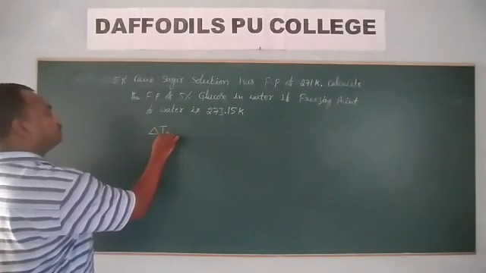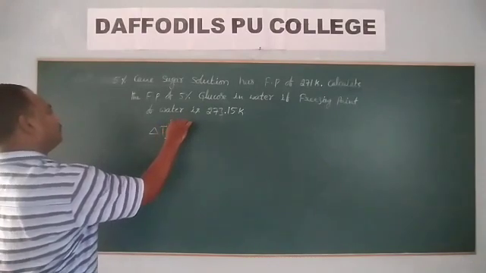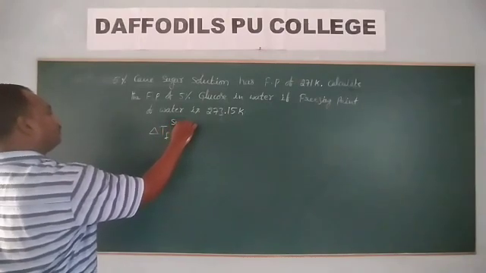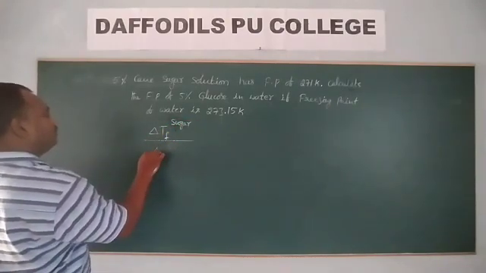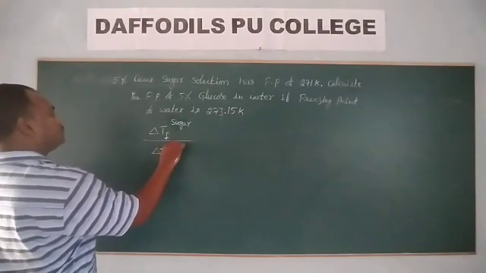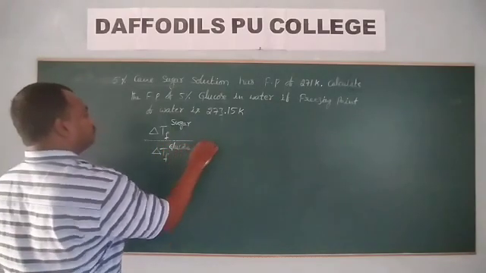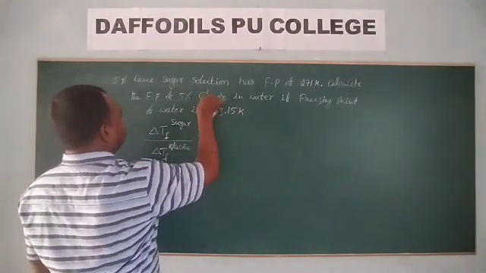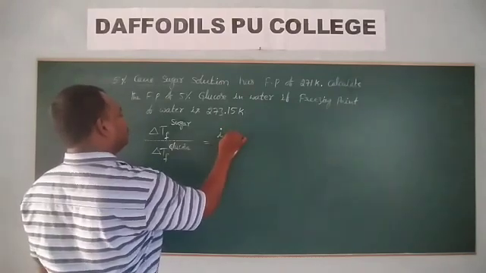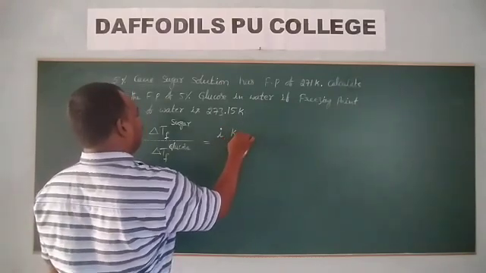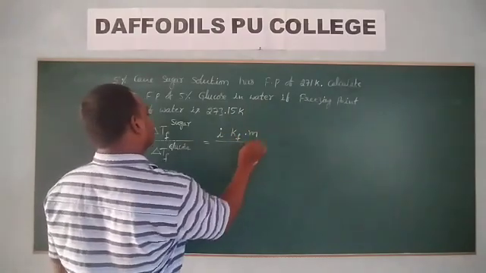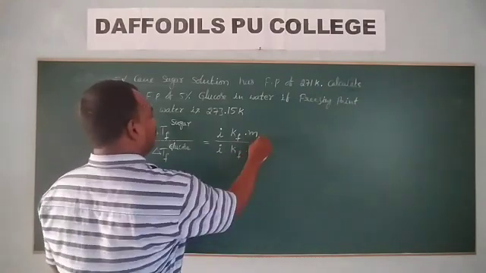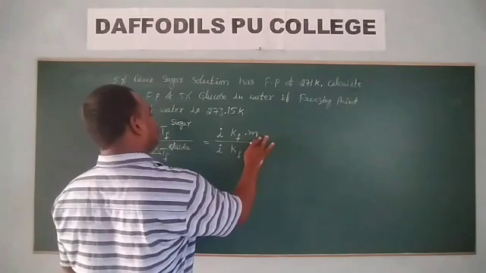Depression in freezing point of sugar by depression in freezing point of glucose is equal to, glucose and sugar do not undergo dissociation, Km into M, i Km into M. M of sugar, M of glucose.